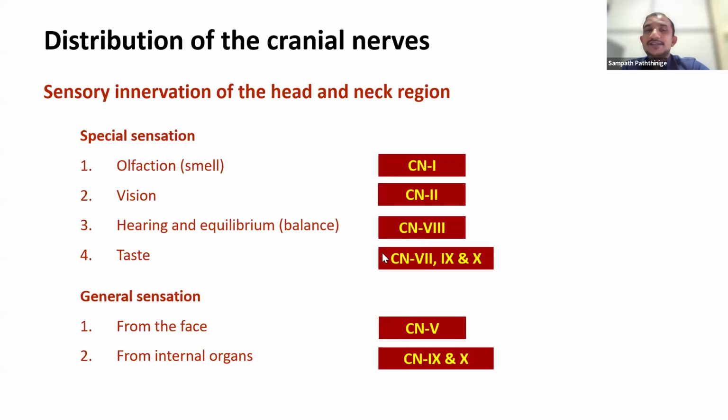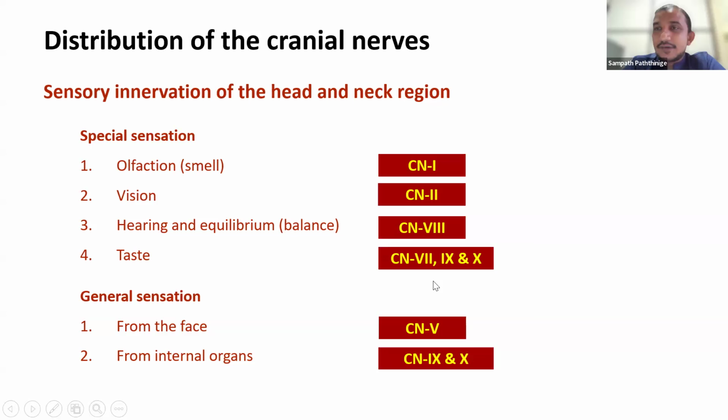Then we have the special sensations. First one is olfaction. The second is optic. Hearing and equilibrium are from the vestibulocochlear nerve. Taste is from the 7th, 9th, and 10th nerves.